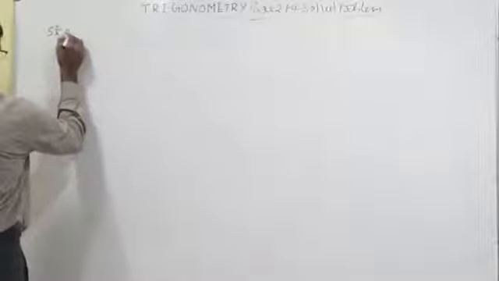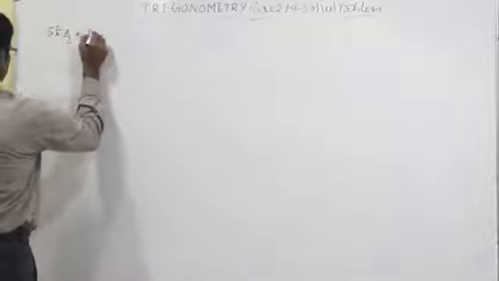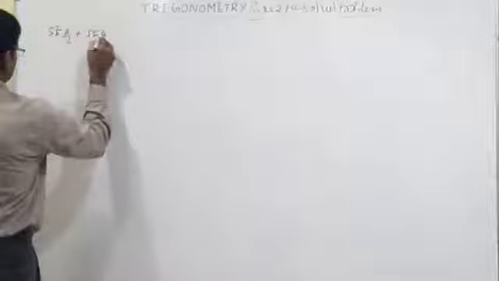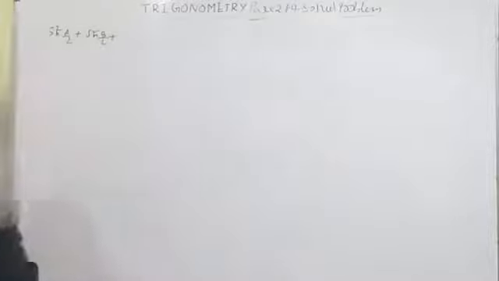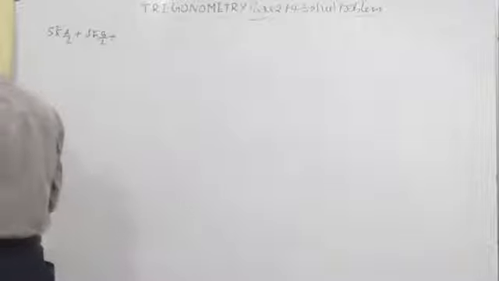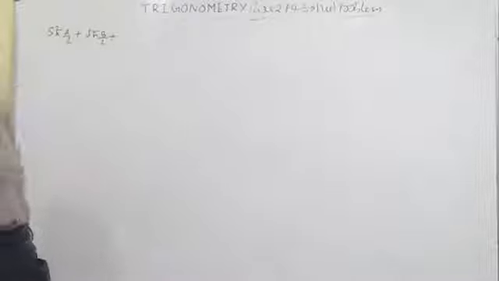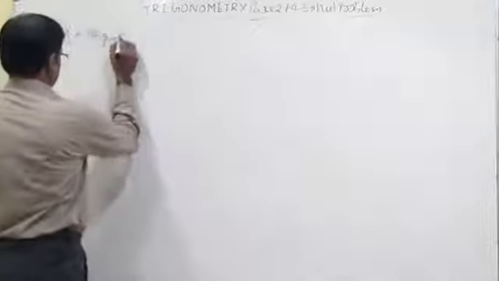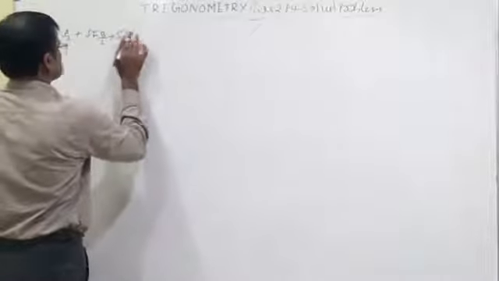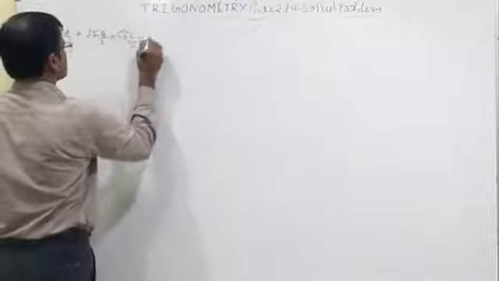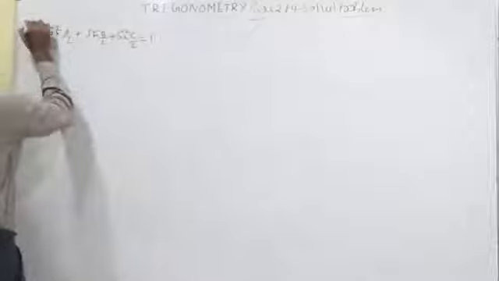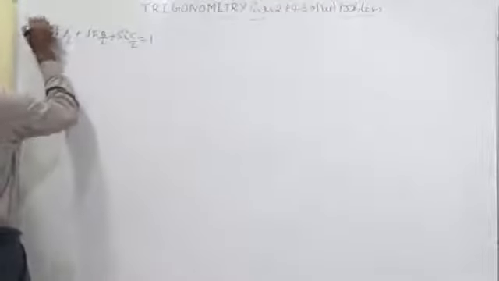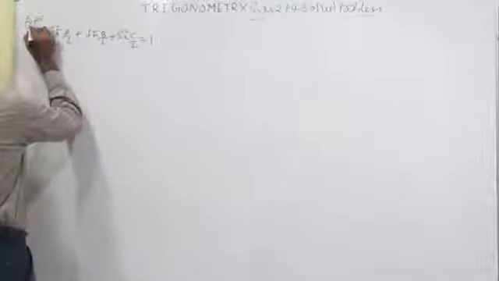Sin square A by 2 plus sin square B by 2 plus sin square C by 2. This is a 7 marks question that was given in 2004 and 2014.